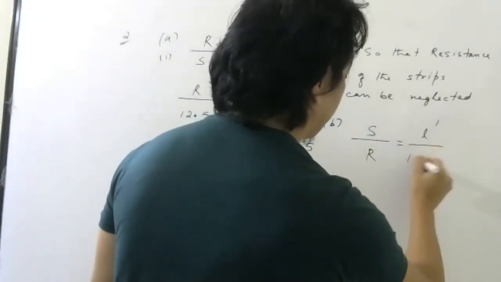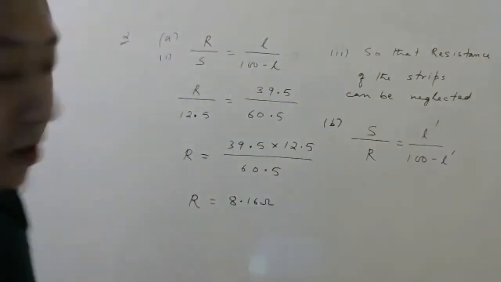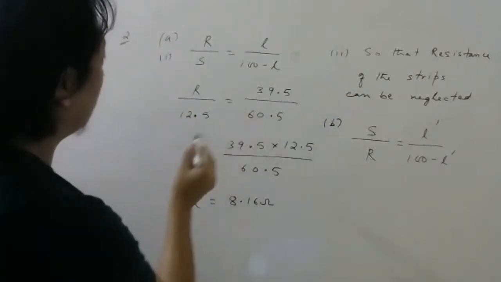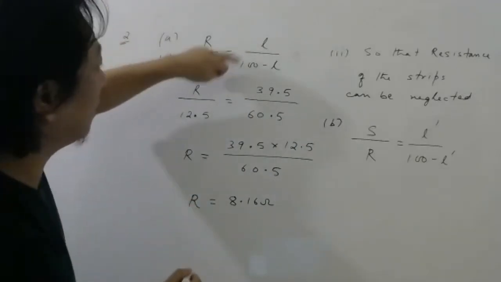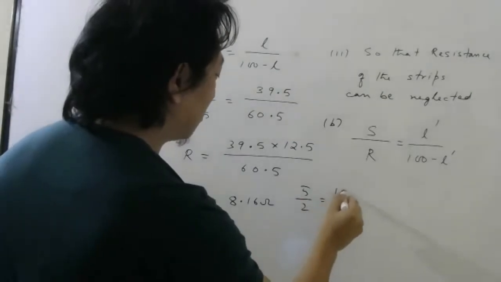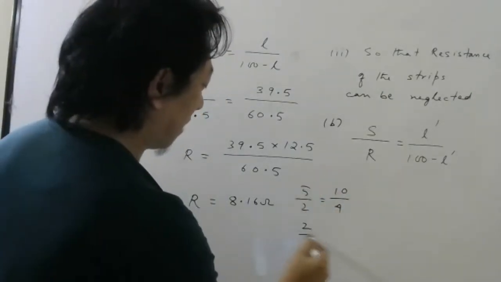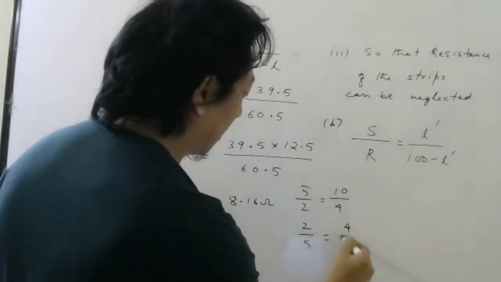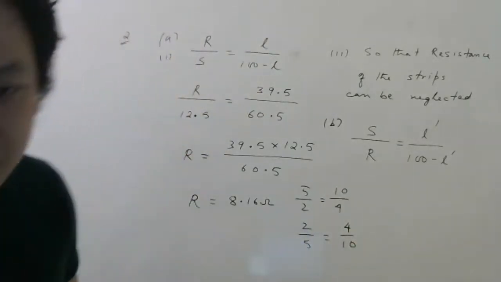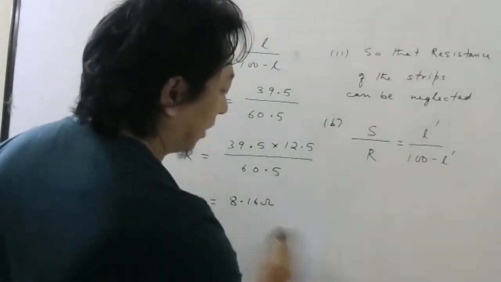So the balance length will change. If you interchange these two, then this also will interchange. In a formula, 5 by 2 equals 10 by 4; if you interchange, 2 by 5, this will also interchange, 4 by 10. Correct or not? So directly we can tell, but in the board exam it is better to calculate.